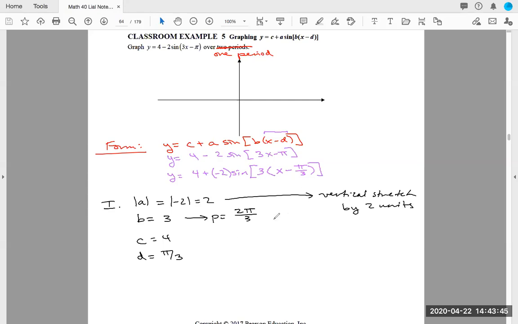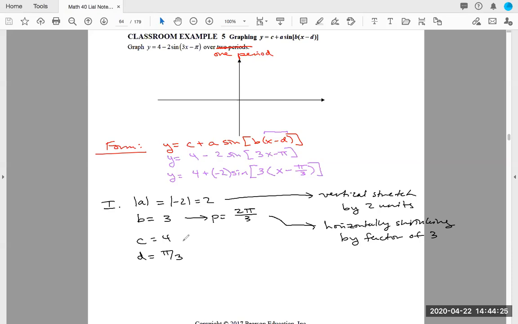The amplitude means that we are stretching our graph vertically by 2 units. And then for our horizontal stretch or shrink, we are shrinking horizontally by a factor of 3.